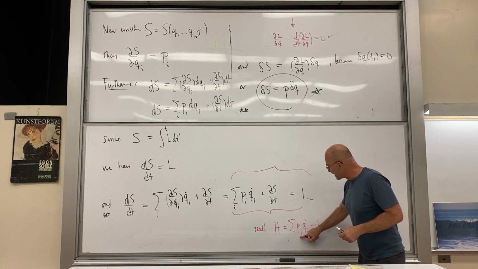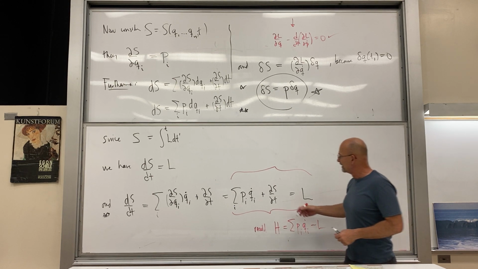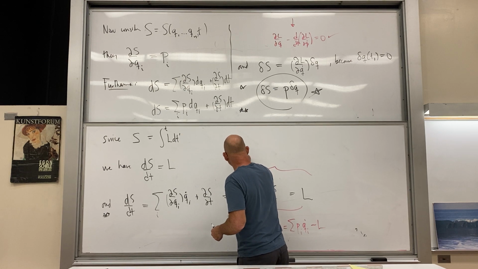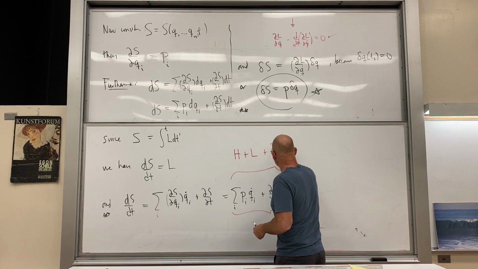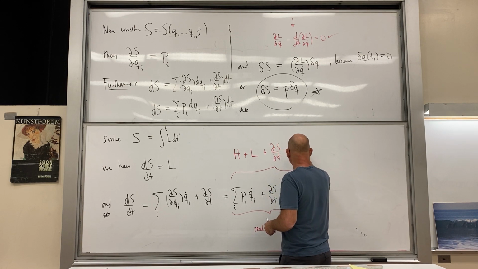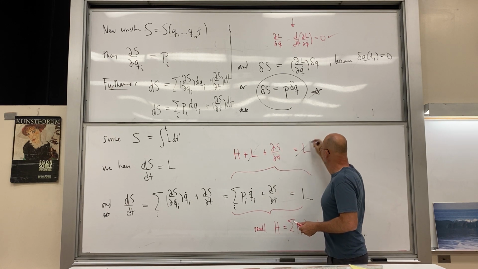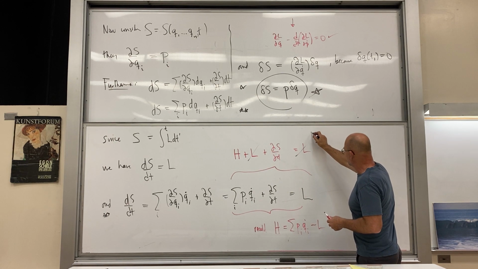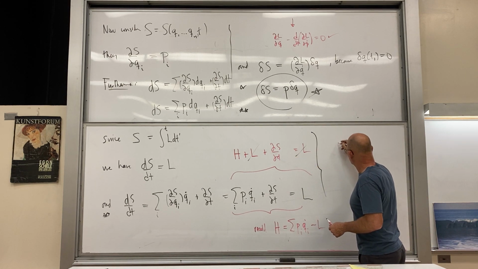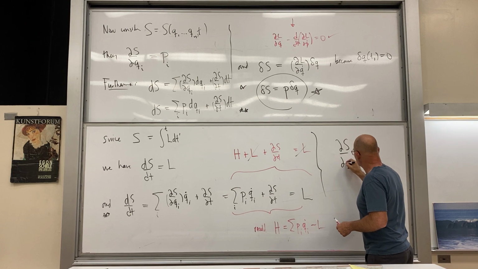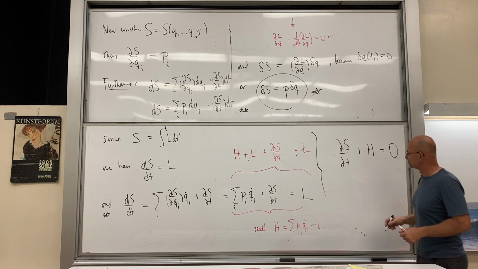The sum of pi q̇i is equal to H plus L. So what we end up with here is H plus L plus ∂S/∂t is equal to L. These go away on each side, and now we have the following very interesting relation. ∂S/∂t plus H equals 0.